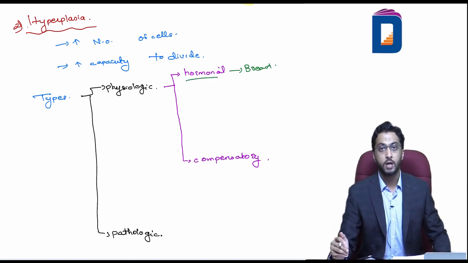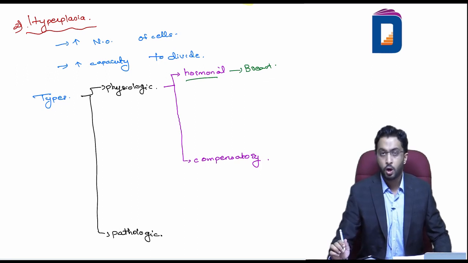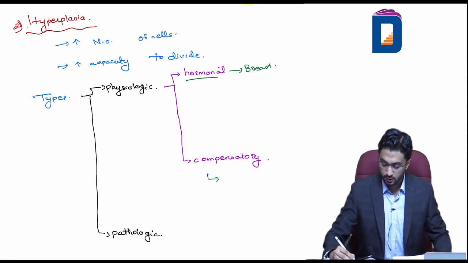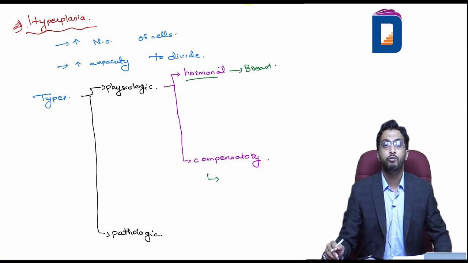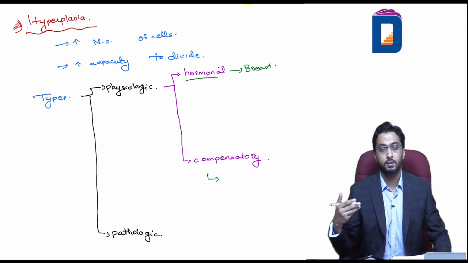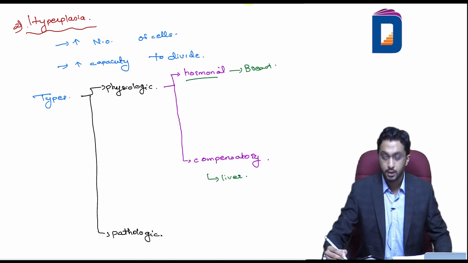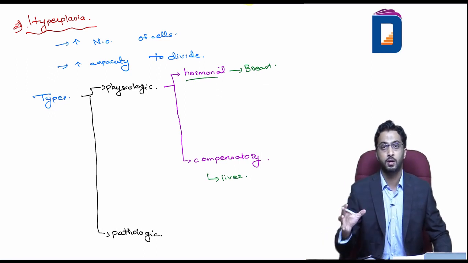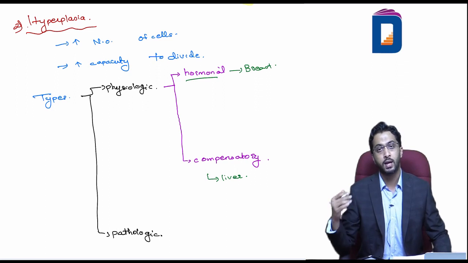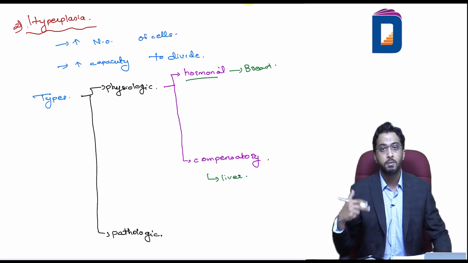Now compensatory means the capacity of certain organs to divide even during adulthood. If a piece of liver is removed, then what happens? It can undergo regeneration. So regenerative capacity is due to this hyperplasia.